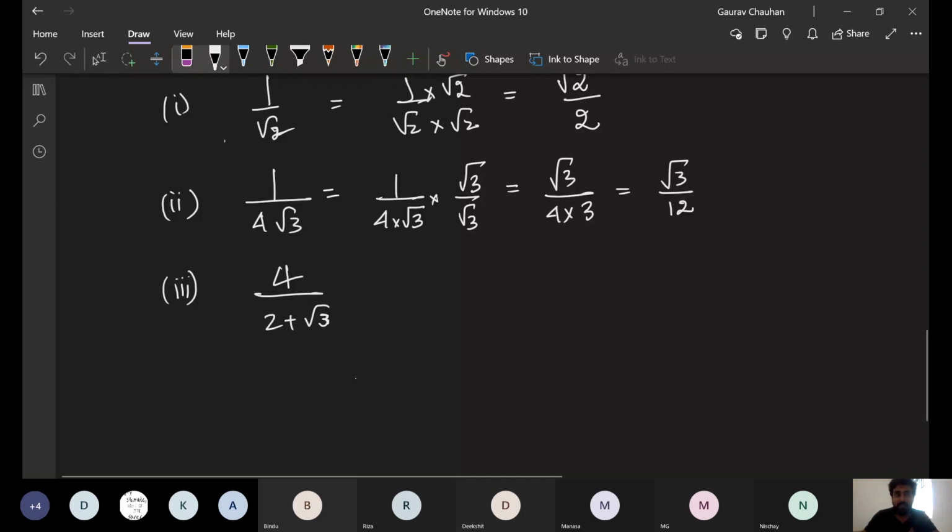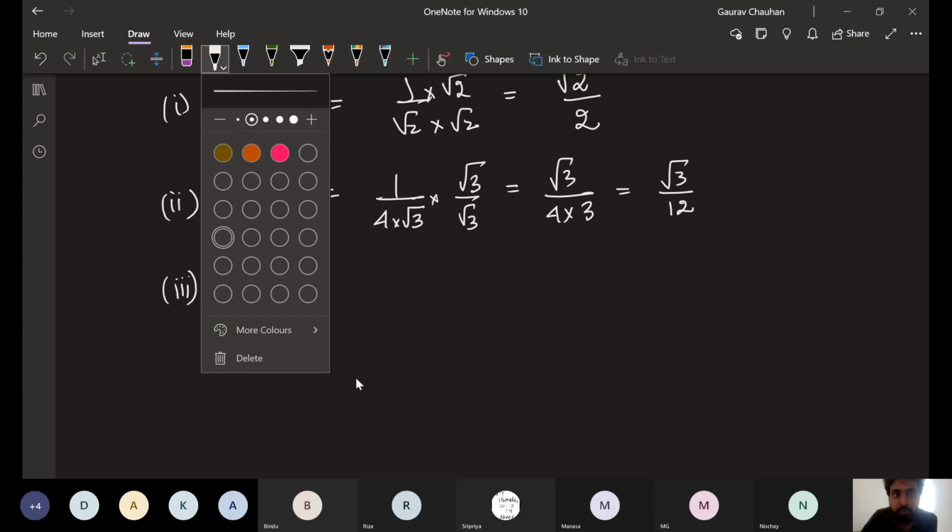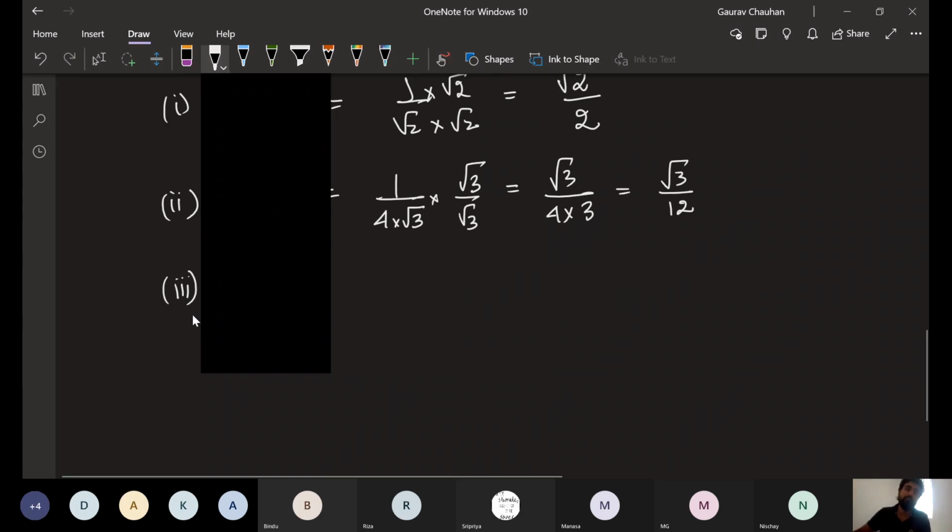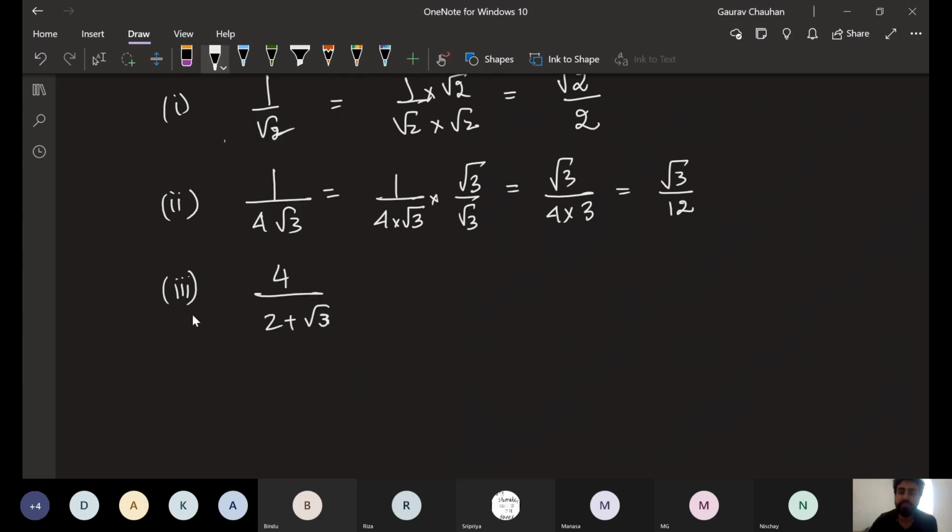Okay, now comes the little tricky example of how to rationalize the denominator. This third one is a little tricky, and I want you to pay good attention here. In the third example, I have 2 plus root 3. Here I'm going to use algebra.